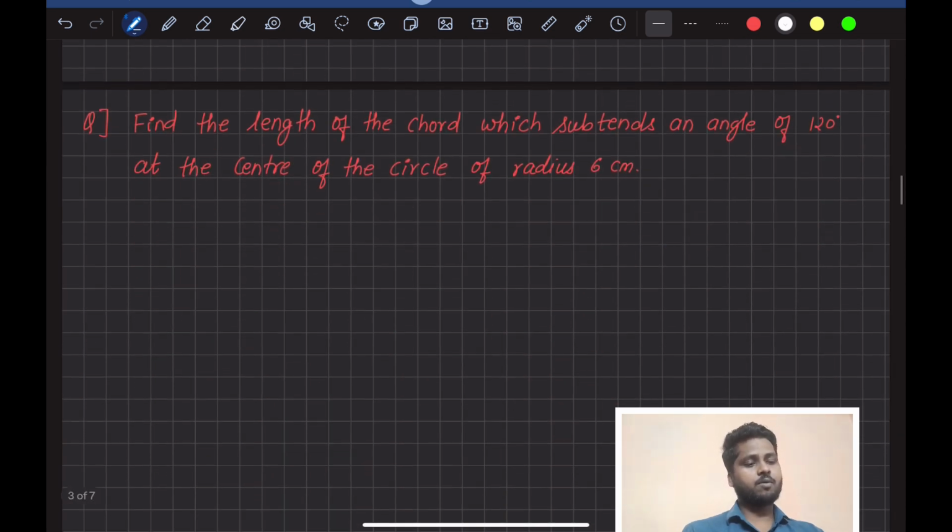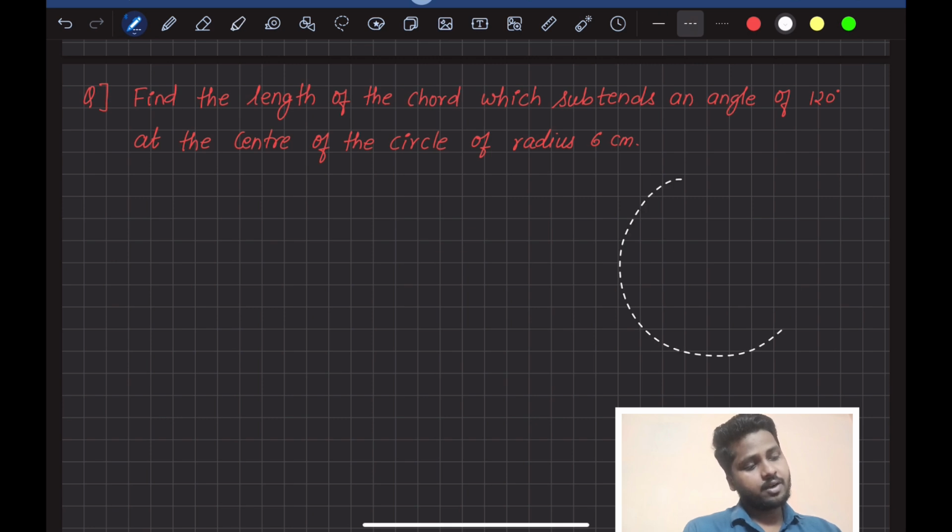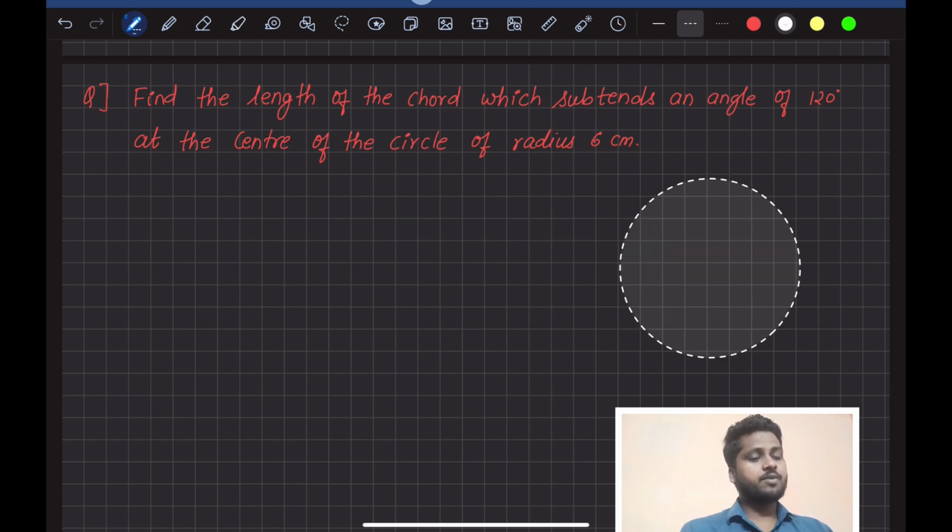Problem number 1: find the length of the chord which subtends an angle of 120 degree at the center of the circle of radius 6 centimeter. So my dear students, definitely there will be a circle and we have to find the length of the chord. That chord makes a 120 degree angle at the center.